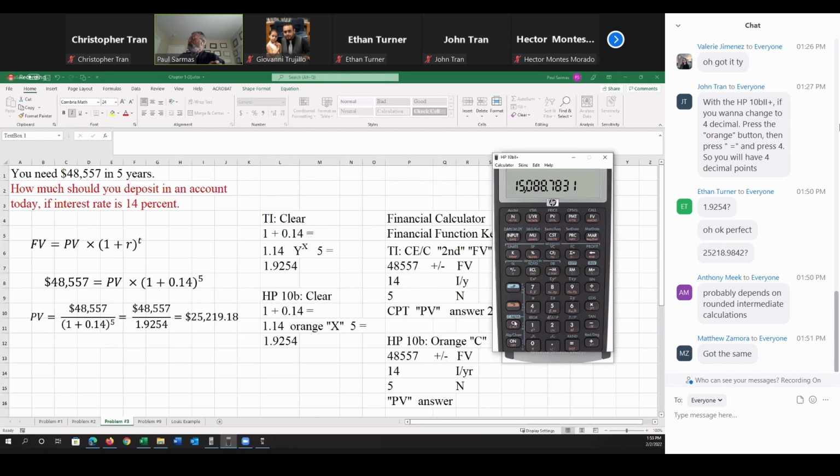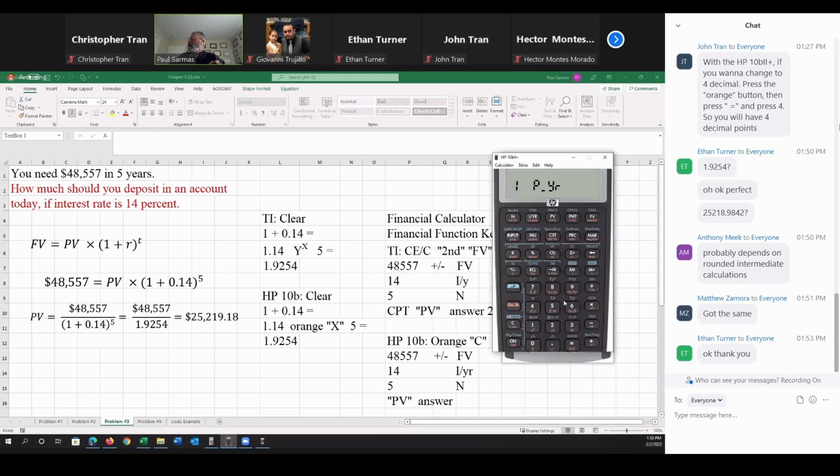So I will do clear, 48,557. Change sign is here, and I press future value.